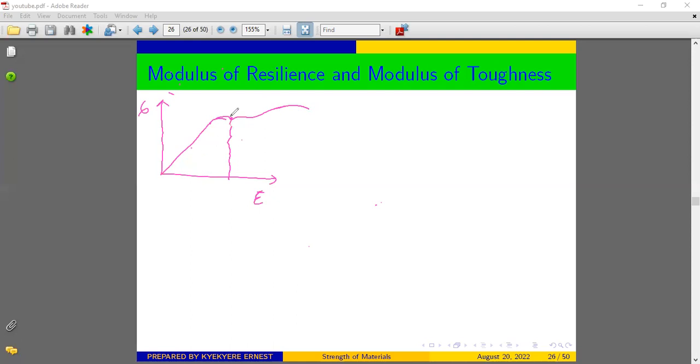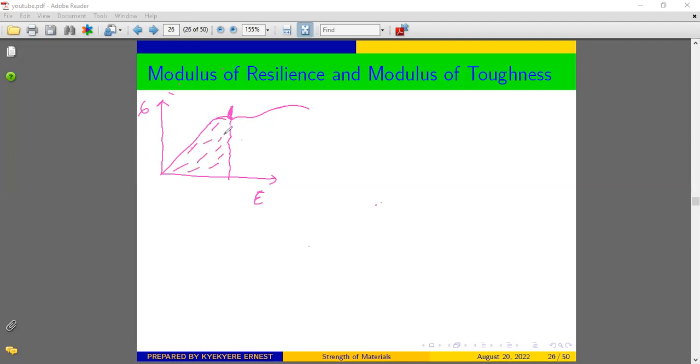Therefore, the energy to deform the material up to the elastic limit, the energy required to deform the material up to the elastic limit, is going to be our modulus of resilience. So this whole area, we are talking about the elastic region.